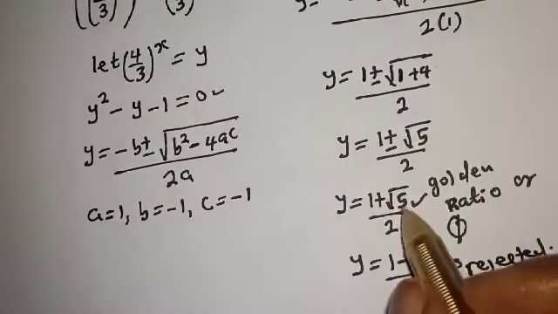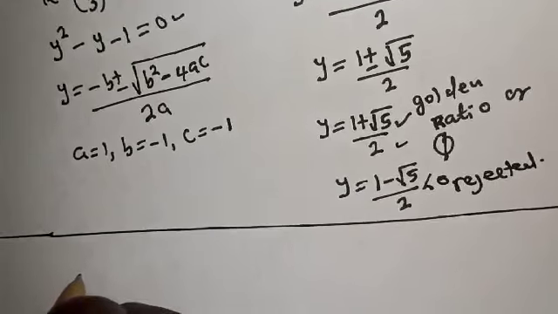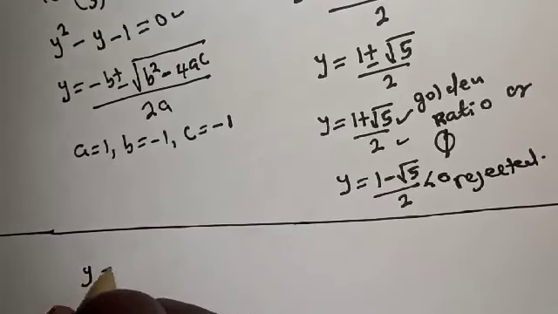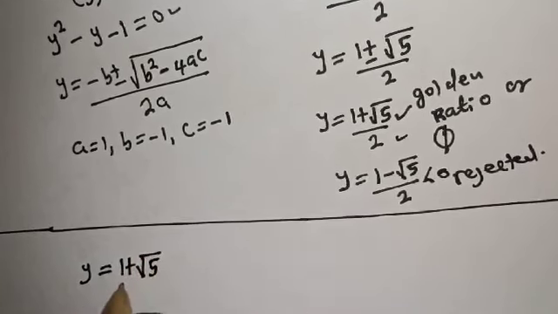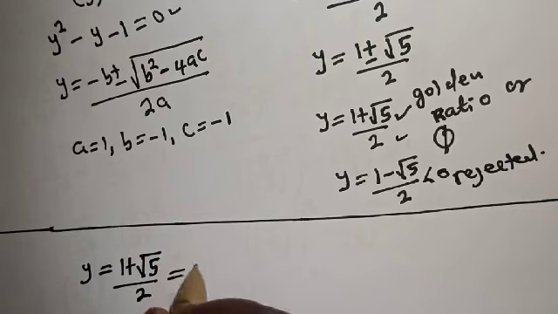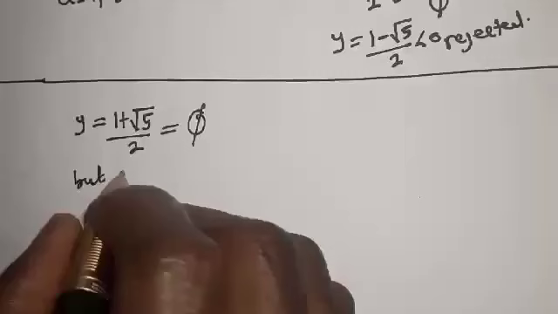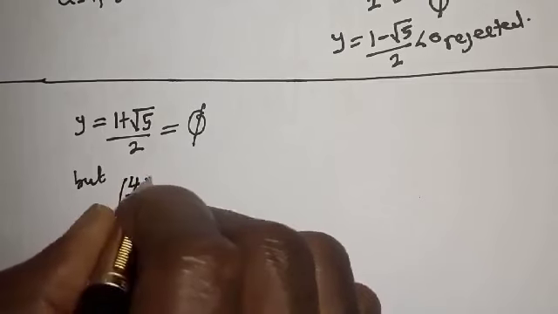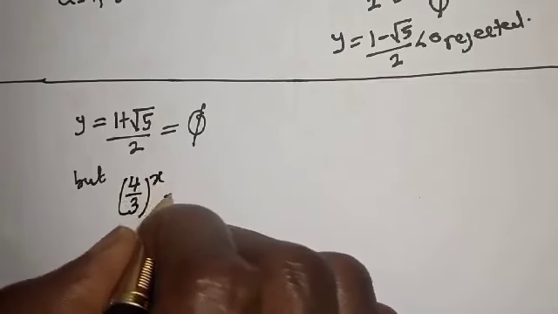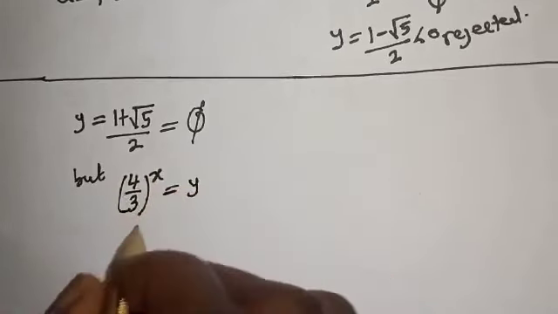So let's work with this. Then we have y is equal to 1 plus root of 5 over 2, which is equal to the golden ratio. But 4 over 3 raised to power x is equal to y.